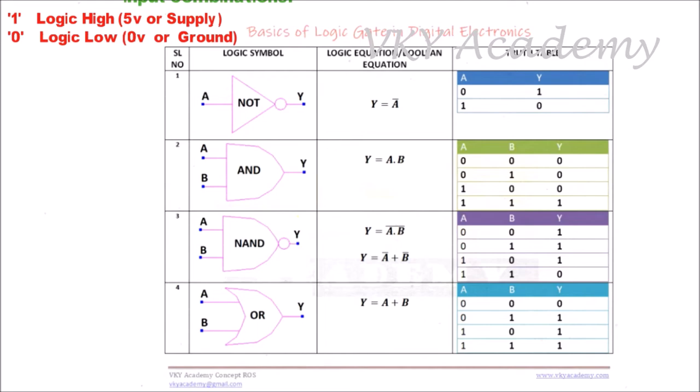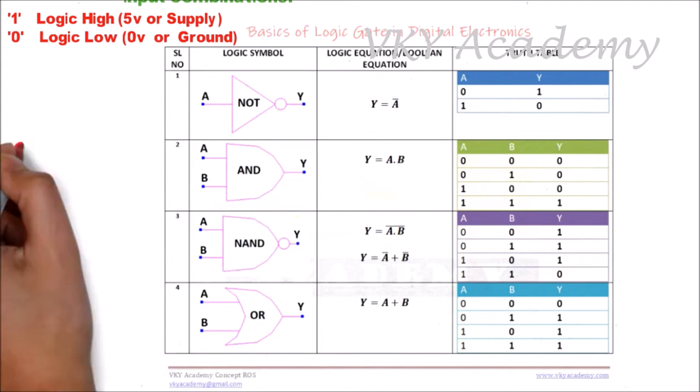It states that if you supply 0 at its input, the output will be equal to 1, and if you supply 1 at its input, then the output will be equal to 0. So the output is always the complemented form of the input, where 1 is represented as logic high and 0 is represented as logic low.